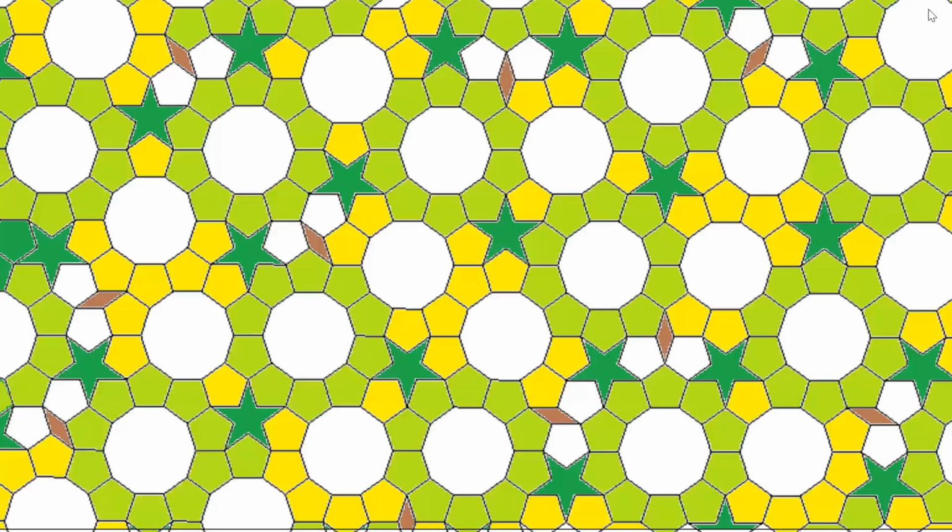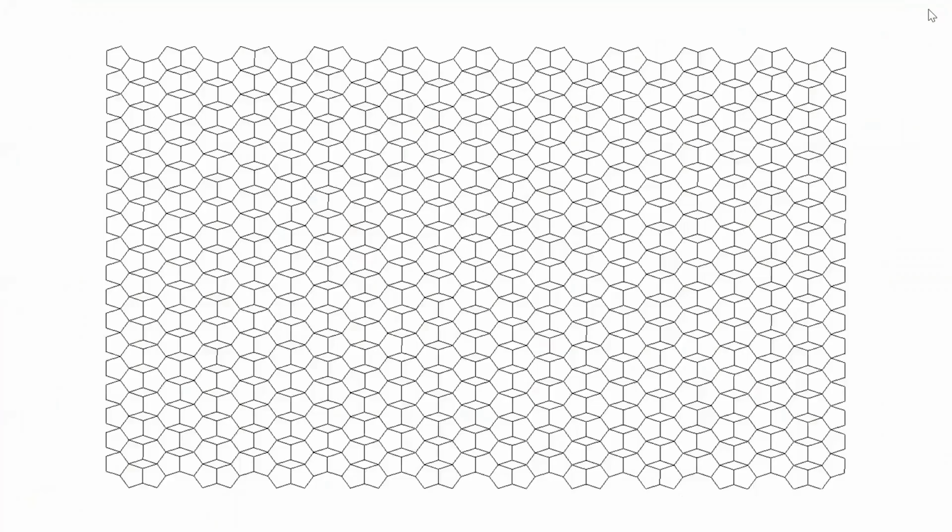And I've just put lots of them together and then coloured them in a bit and got this quite pleasing design as well. Here's another way we can put pentagons together in a more regular way.